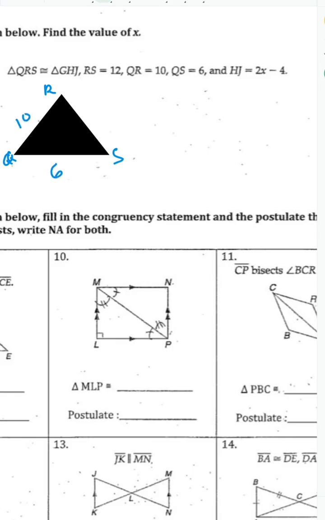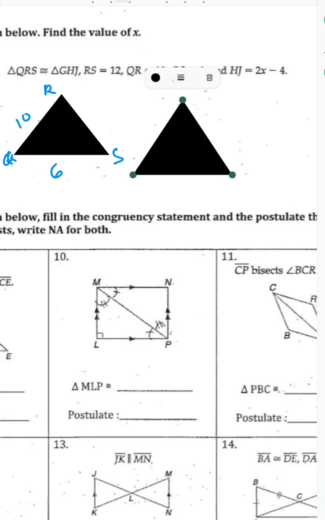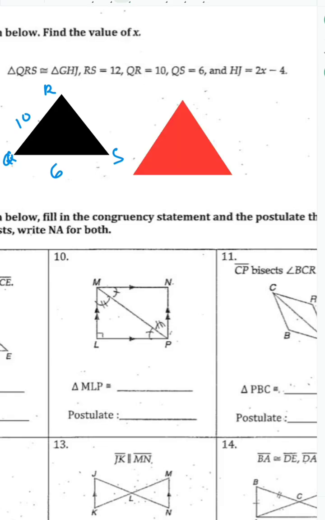QS is 6, and then there's another triangle. This is GHJ. So HJ is 2x minus 4. Okay. RS is 12.